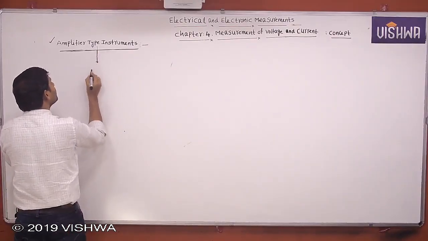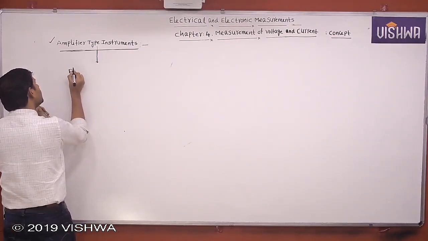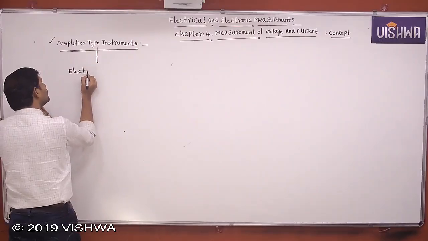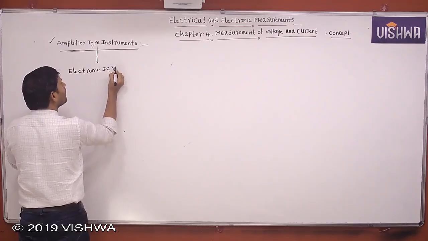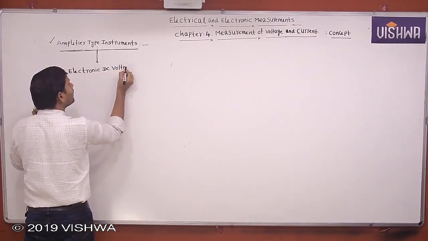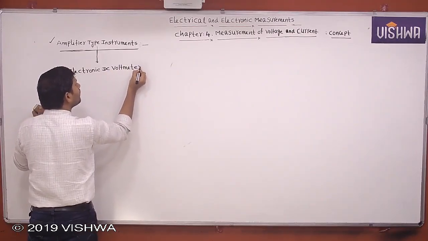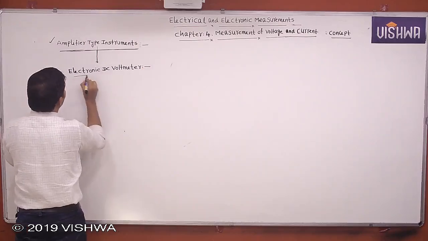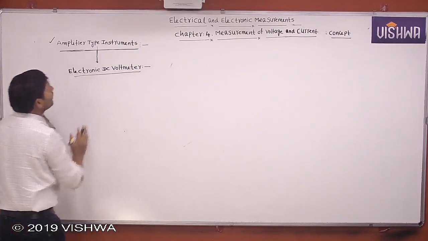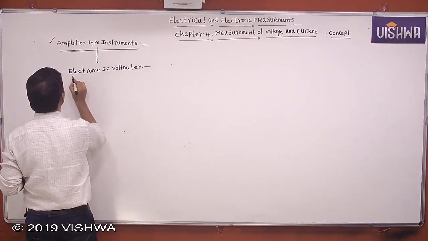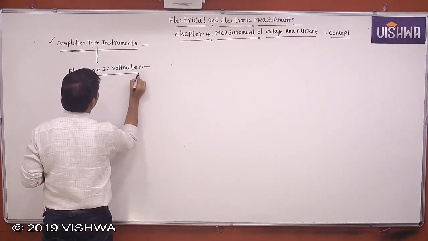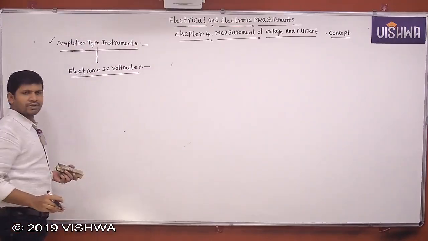This is the electronic DC voltmeter. Now see the block diagram representation.